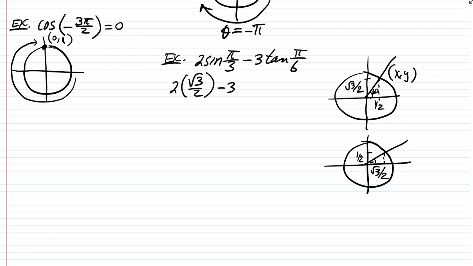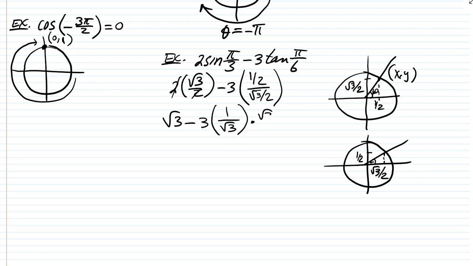So tangent is the ratio of y, which is a half, to x, root 3 over 2. There's my tangent. And I can simplify this as root 3 negative 3 times 1/2 over root 3 over 2. That's 1 over root 3, which we can rationalize, of course.